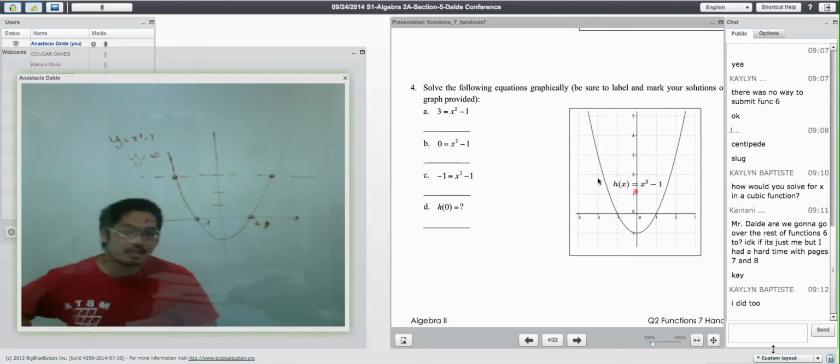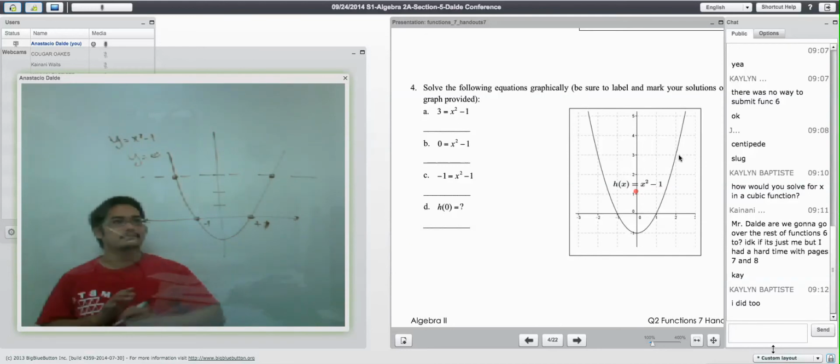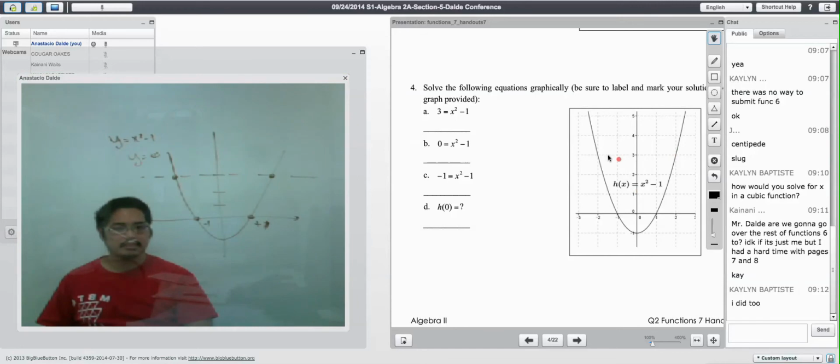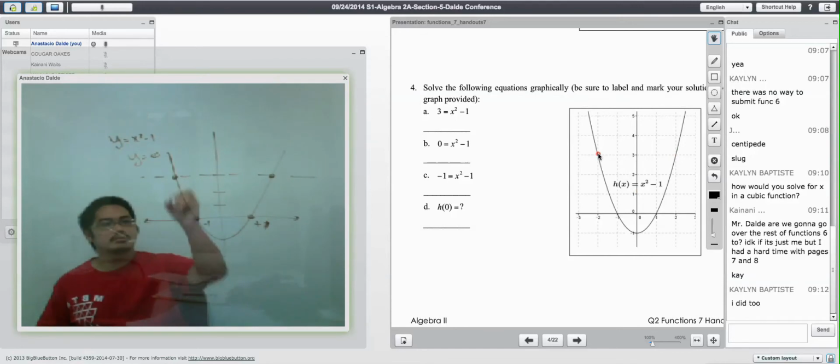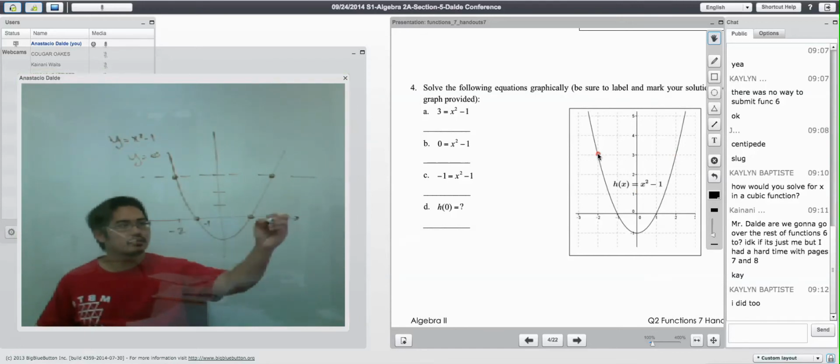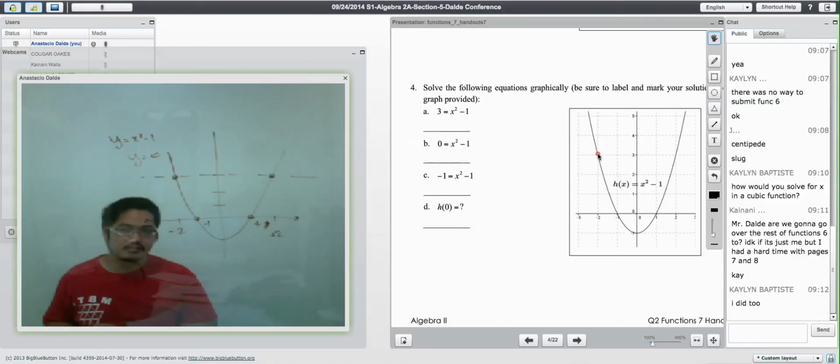And you can read that off the graph. At y equals 3, I'm looking at negative 2 and positive 2. So I can just put in plus or minus 2.